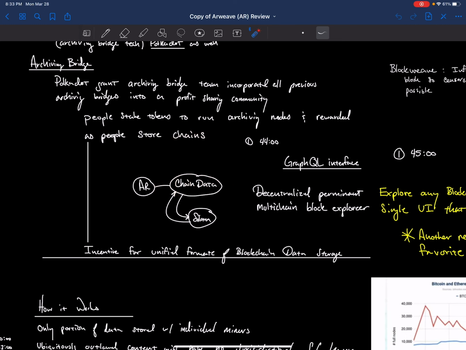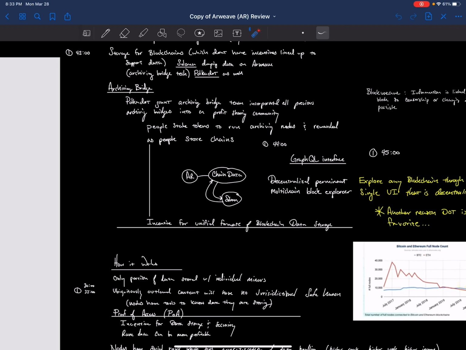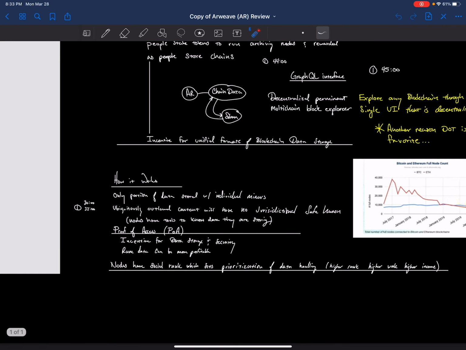So that could be the biggest use case for Arweave in the future, if it gets all these blockchains onto its chain data, or in its permanent storage, and then someone builds a user interface that has access to all these blockchains, so that you could access a piece of data and you won't know which blockchain you're getting information from, but you'll have access to all of them. That would be how I'd see the biggest use case.